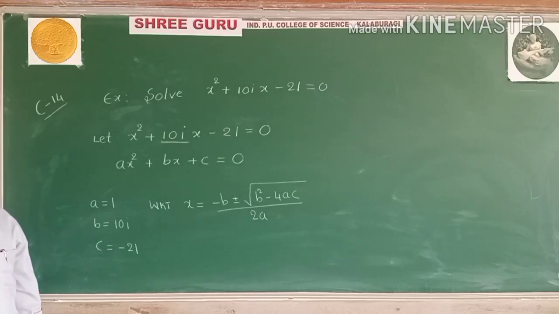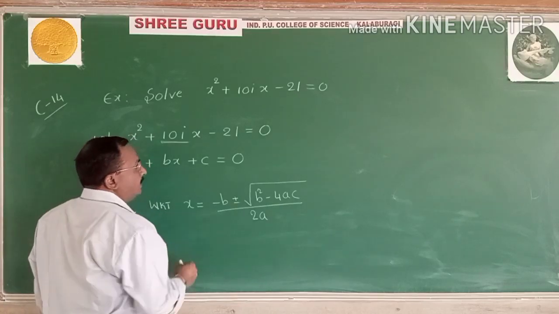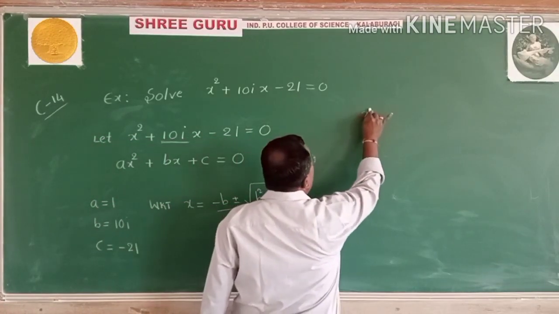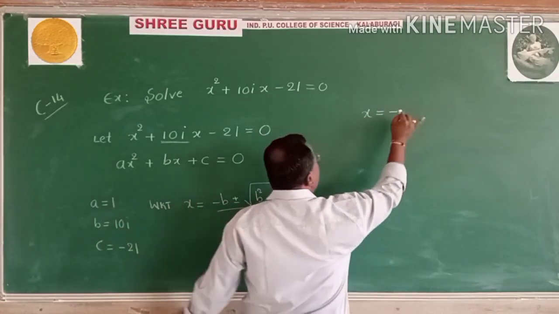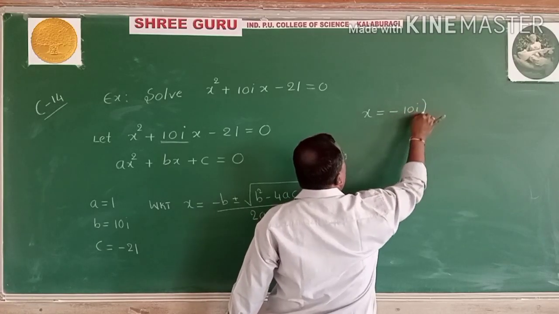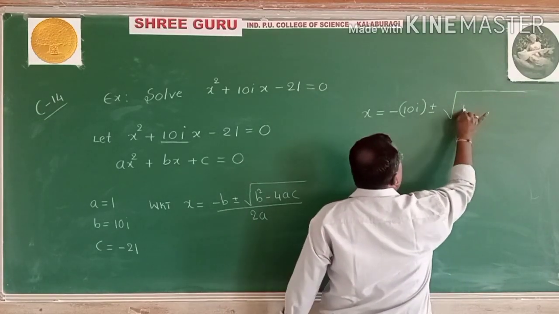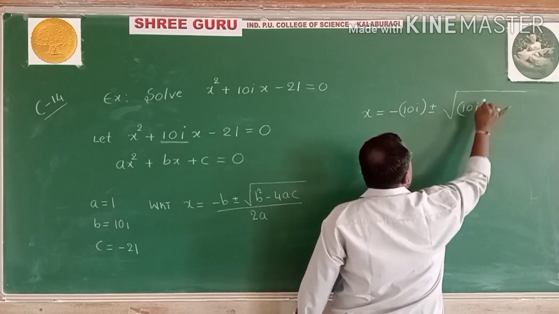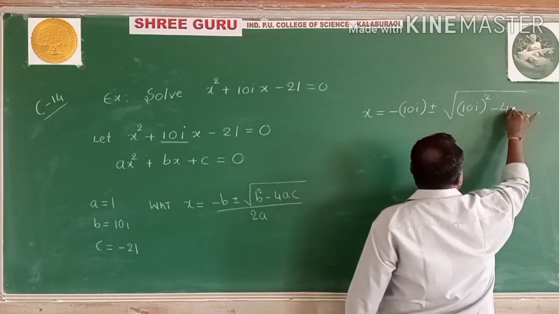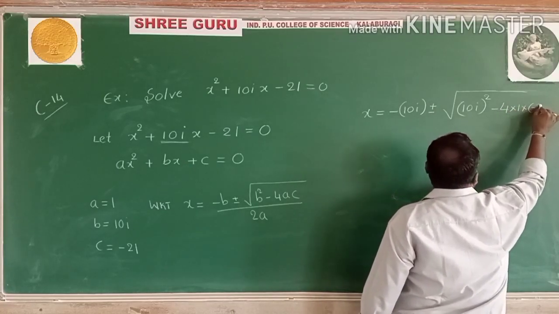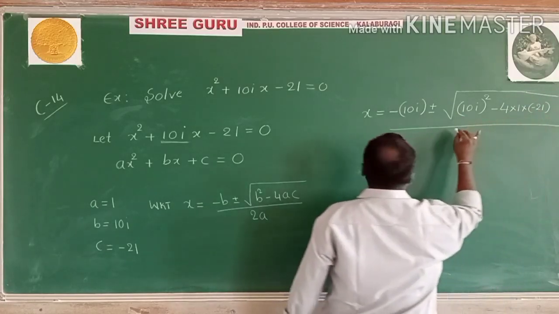Substitute values, that is x is equal to minus b, which is 10i, plus or minus square root of b square minus 4 times a, which is 1, times c, which is minus 21, divided by 2 into 1.